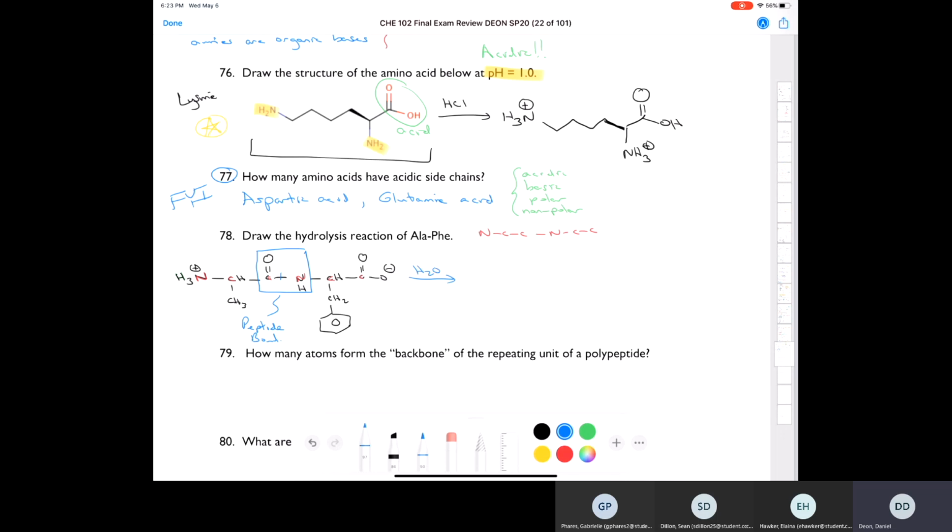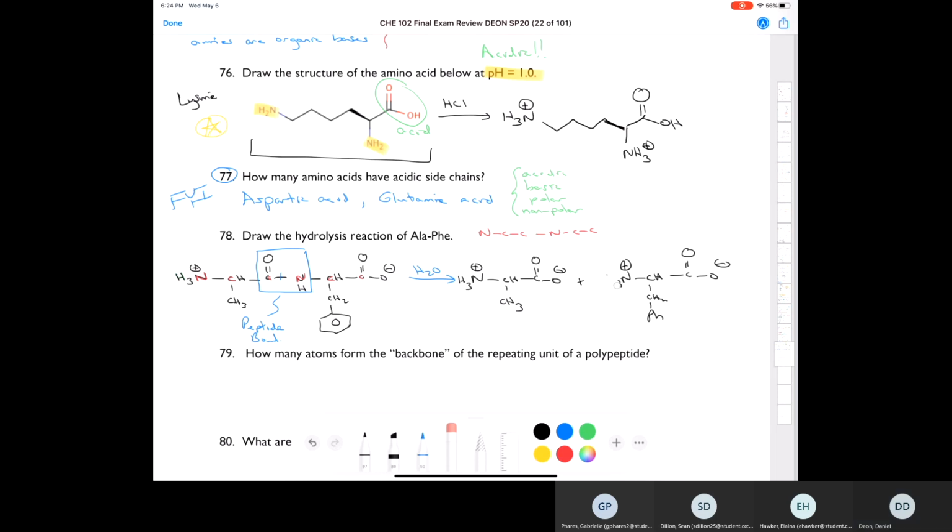When I break that apart, I'm going to have my N-terminus, a CH, my methyl group, and now a carboxylate. Plus, I'm going to have my protonated N-terminus, CH, and I'll just write pH for phenyl, and my carboxylate like that. So what did I do overall?